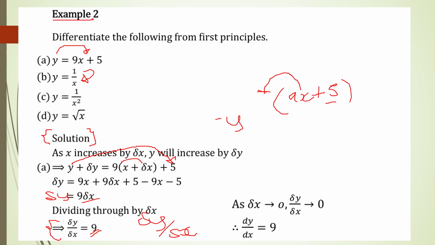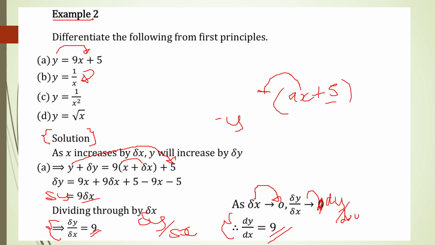As delta x tends to 0, small change in y divided by small change in x is going to turn to dy dx. This was not supposed to be 0, change it to dy dx. So from there, you conclude that therefore dy dx is equal to positive 9. And that was the solution required for part A.